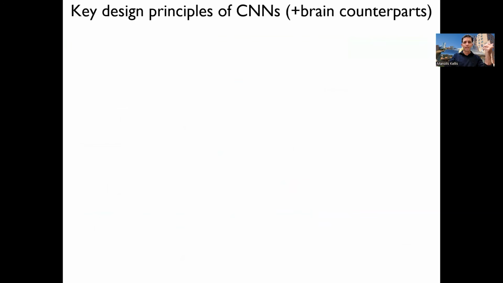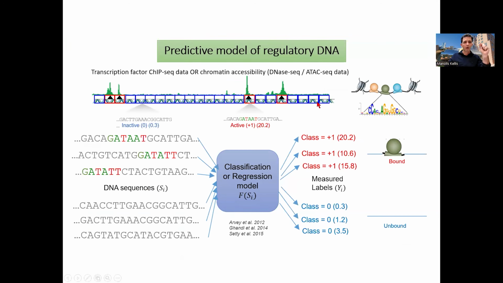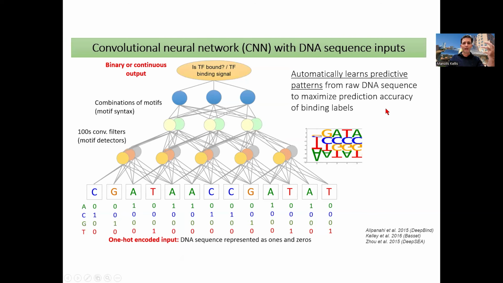And in this particular case, those patterns are sequence patterns that you can basically discover as filters in your deep learning framework. So you can basically say, I will try to, at every sequence of 50 nucleotides, predict the answer of whether that sequence is bound.